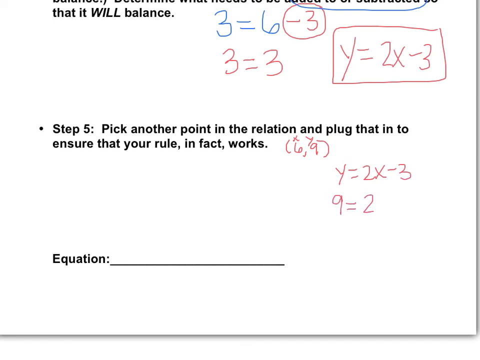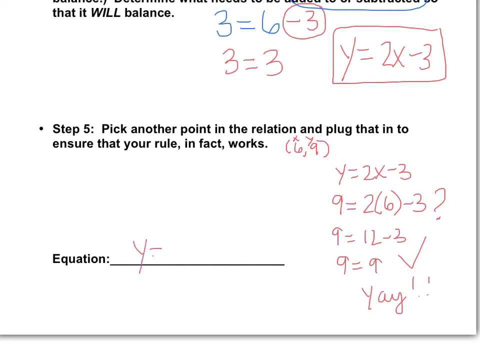And does that equal 2 times 6 minus 3? Does that work? 9 equals 2 times 6 is 12 minus 3. Yep, in fact, that does equal 9. So it looks like my equation works. Yay! y equals 2x minus 3.